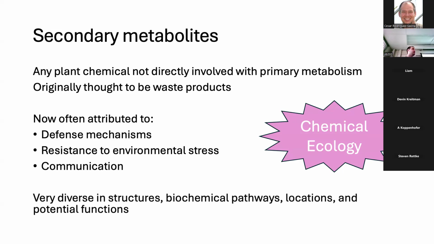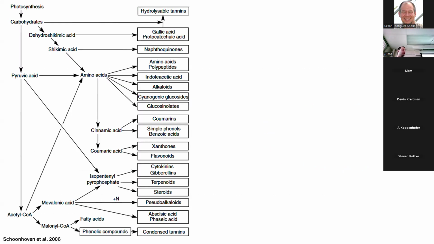Secondary metabolites are very diverse in their structure, in their function, in the biochemical pathway, and in the location within the plant where they are. Here's a little flow chart where we have photosynthesis at the top, which creates carbohydrates.